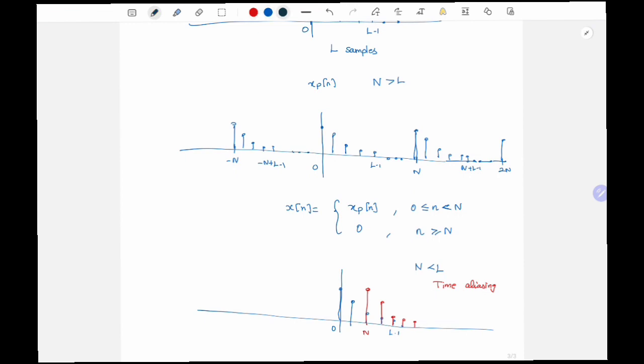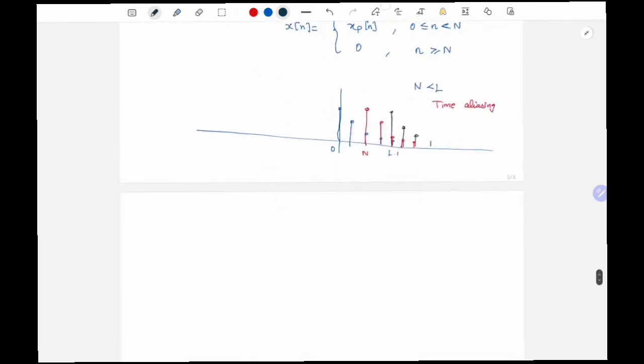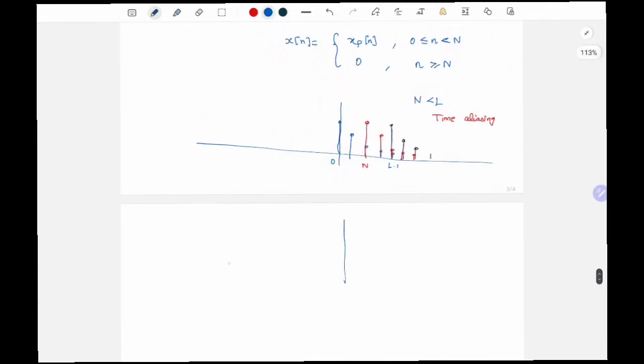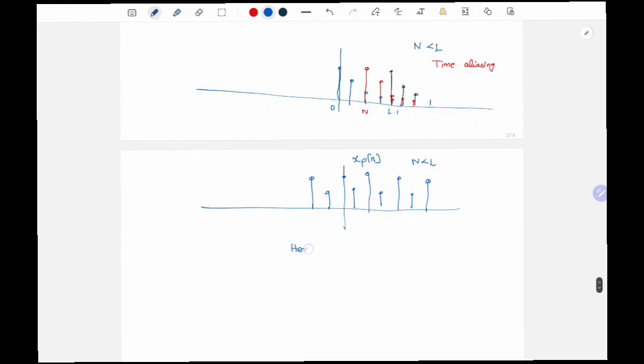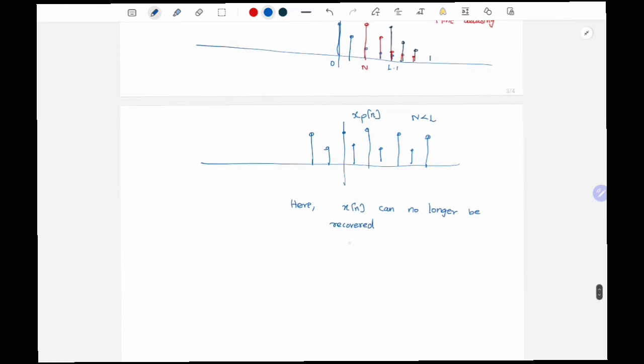And then again my next sample will come here and it will start to alias. So finally you will have something other than what you started with. Right, this will be my xp of n for N less than L, and here x of n can no longer be recovered. So we call it time aliasing.